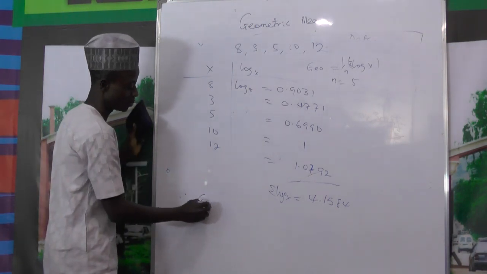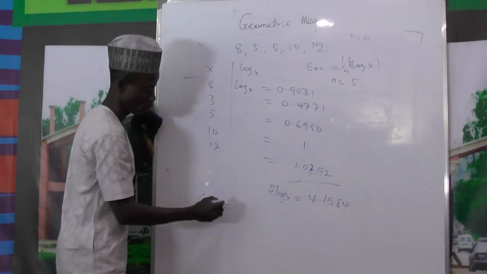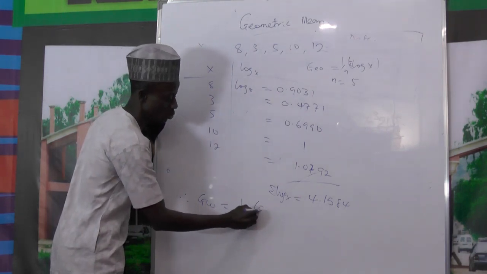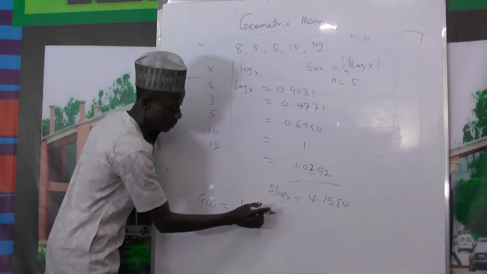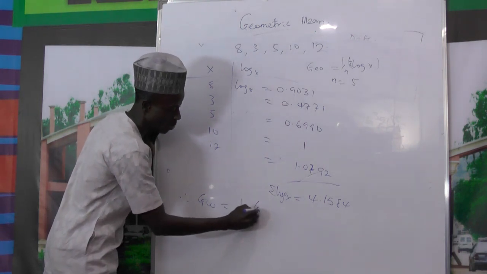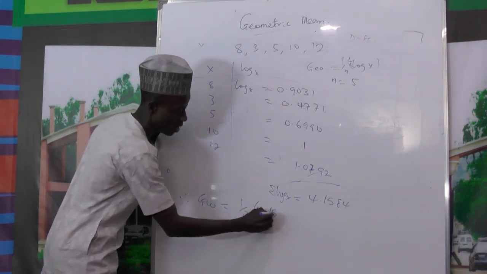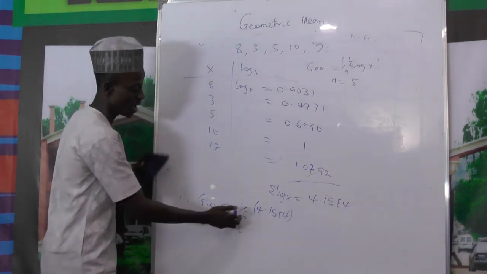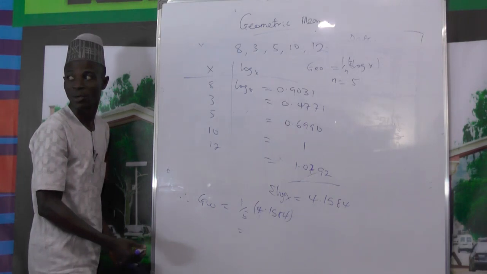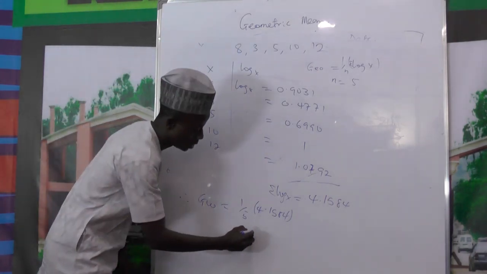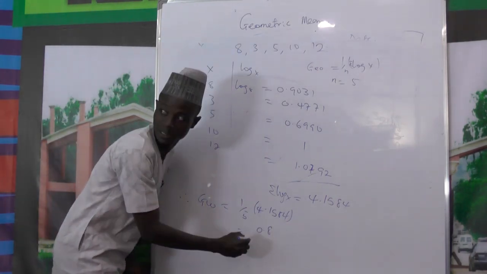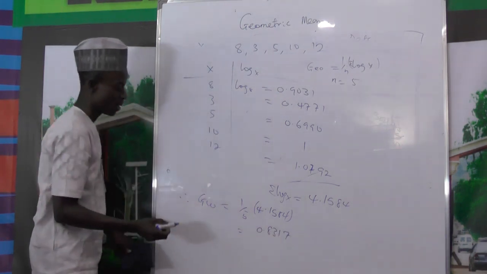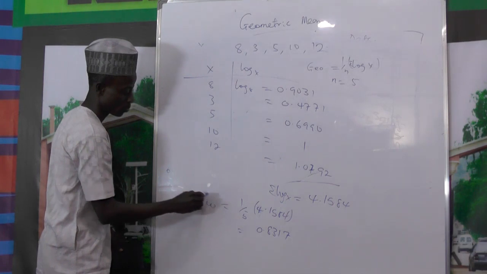So therefore, our log of geometric mean will now be equals to 1 all over 5 multiplied by our sum, 4.1584. So if you divide this, we are going to have 0.8317. So remember, this is just the logarithm.